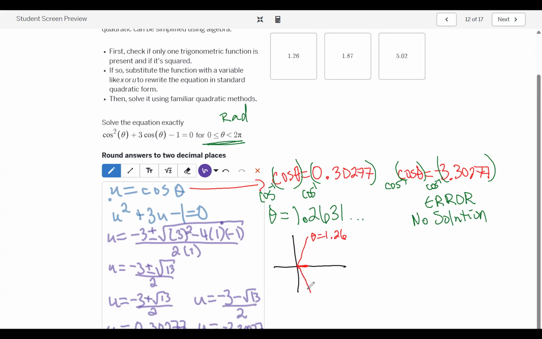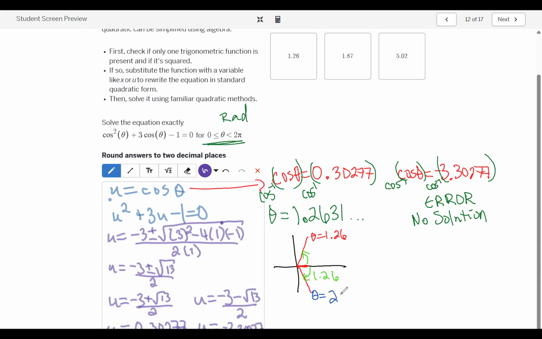Now, when I'm looking at my angles, theta equals 1.26. That's our reference angle. This is going to be the same 1.26. But how do I get that angle measure for this one here? I look at this as a whole entire circle and then minus 1.26.